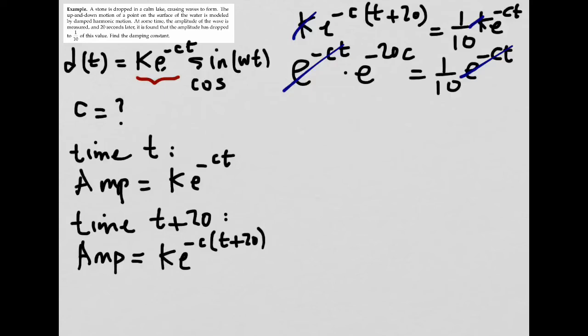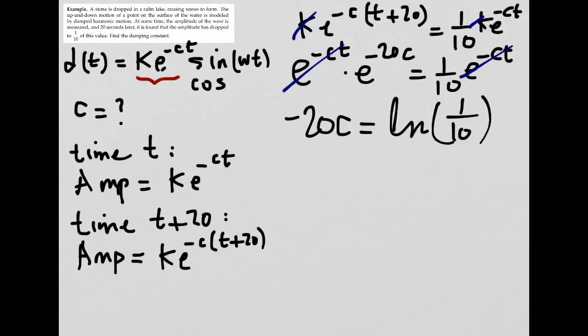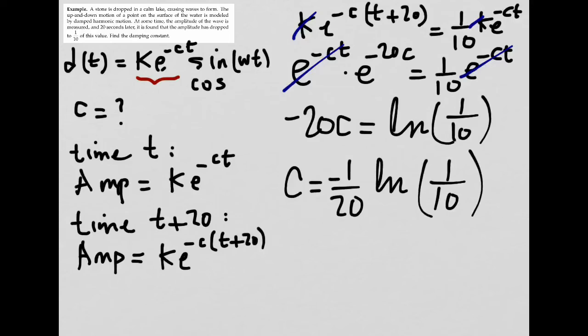So we're left with e to the power minus 20C equals 1/10. Applying ln on both sides gives us minus 20C equals ln 1/10. And solving for C gives minus 1/20 ln 1/10, which can be approximated with a calculator.